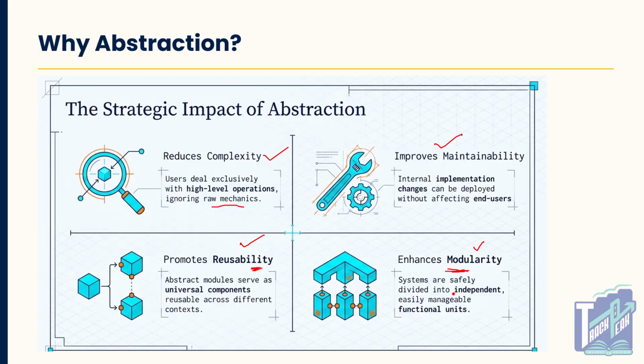Due to modularity, we can safely divide our overall process into modules, so one module is not dependent on another. If one module is affected, it doesn't affect the other modules, so it is much easier to fix that module and reschedule it. So enhancing modularity is an impact of abstraction, and these four are all the impacts of abstraction.